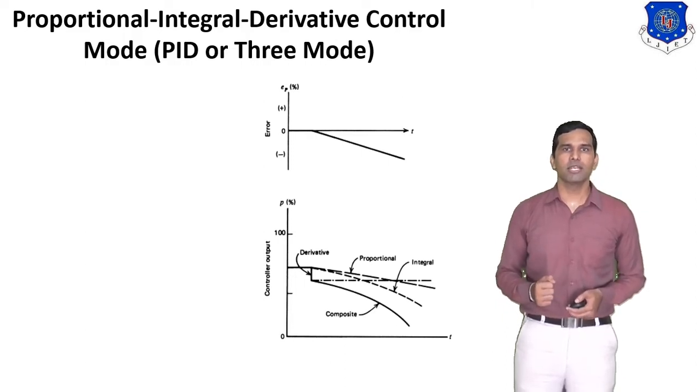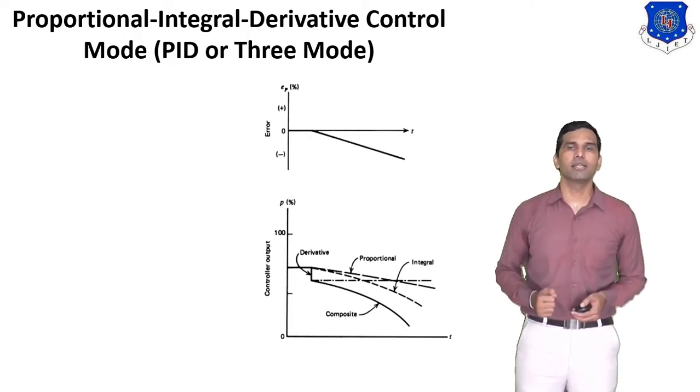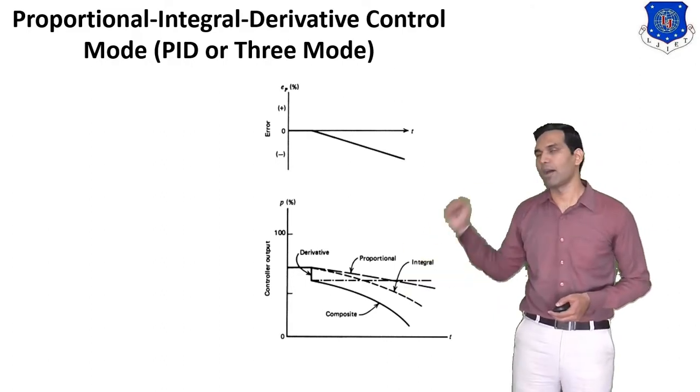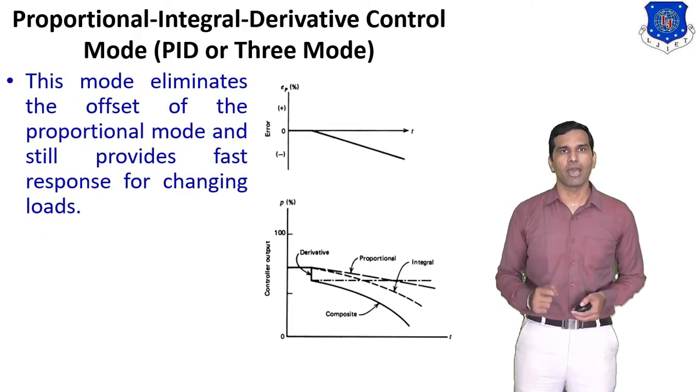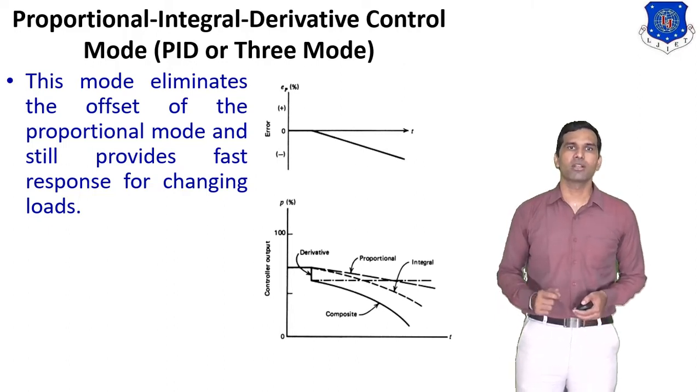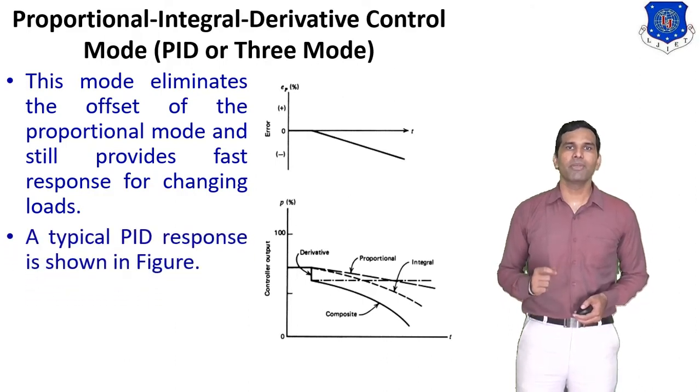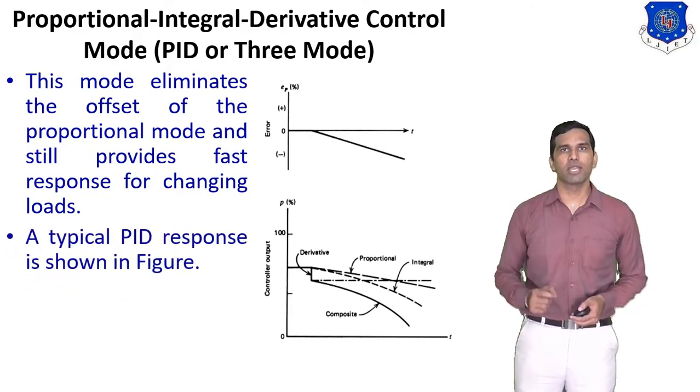So here you can see the derivative, integral and proportional action in the lower graph. This mode eliminates the offset of the proportional mode and still provides fast response for changing load. A typical PID response is shown in the figure.